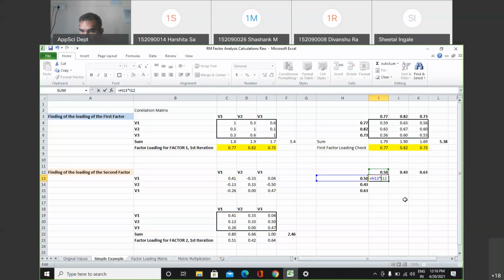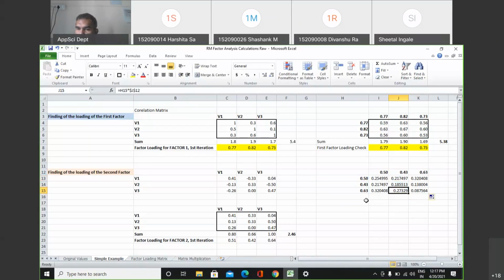If we want to drag it here, I will fix the I value, and here I will fix the J value, and here the K value.